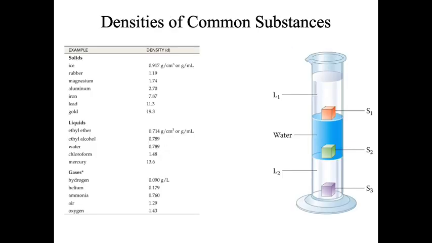Here are some example solids, liquids, and gases. Take a look at the numbers. They're all about the same number. That would suggest that gases have the same density as our liquids and solids, but they change the units.